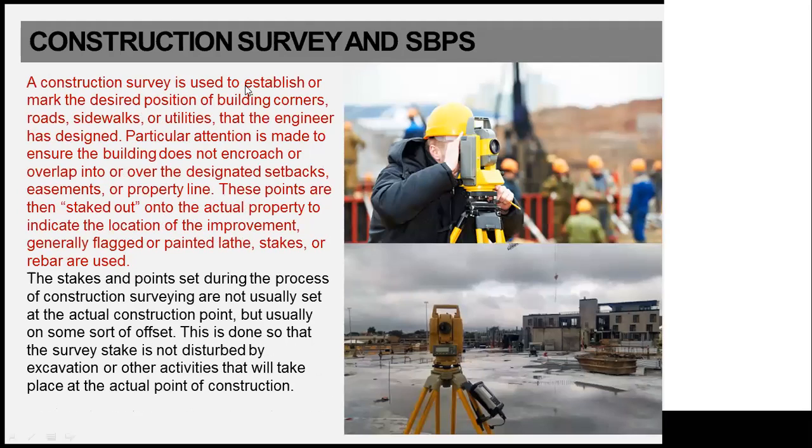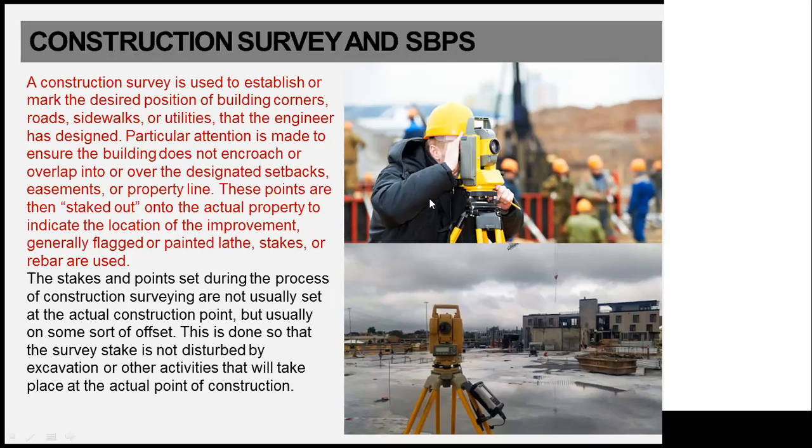Now a construction survey is used to establish or mark the desired position of building corners, roads, sidewalks, utilities that the engineer has designed. Particular attention is made to ensure the buildings do not encroach or overlap into or over the designated setbacks, easements or property line. These points are then staked out onto the actual property to indicate the location of the improvement.